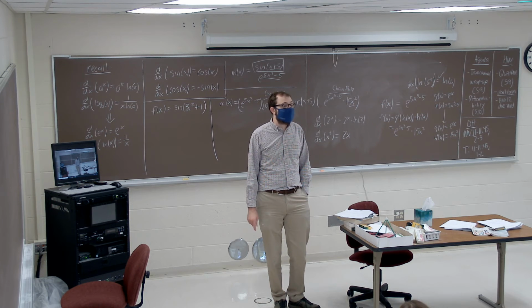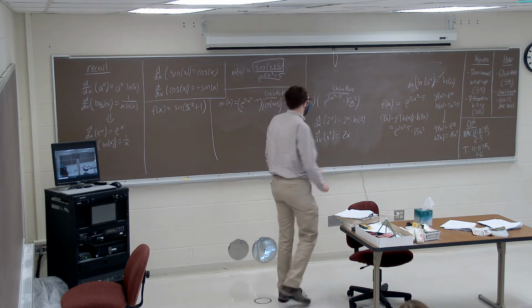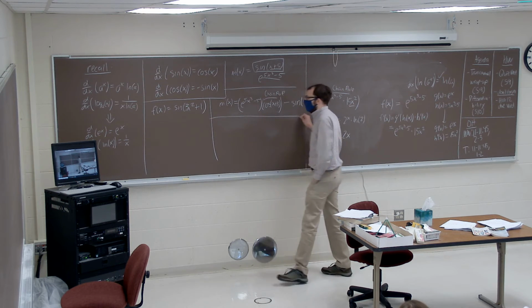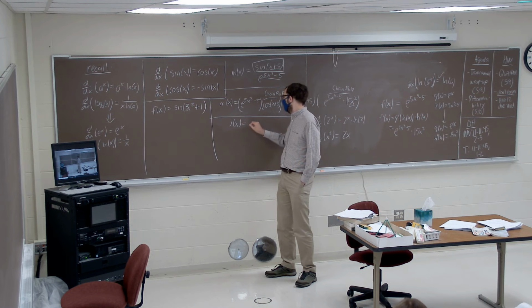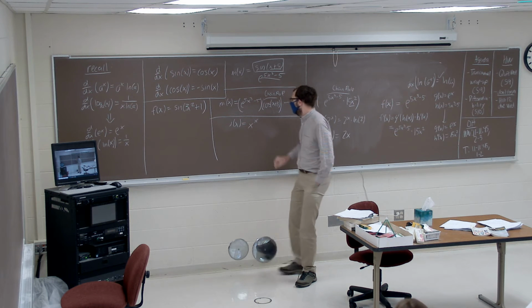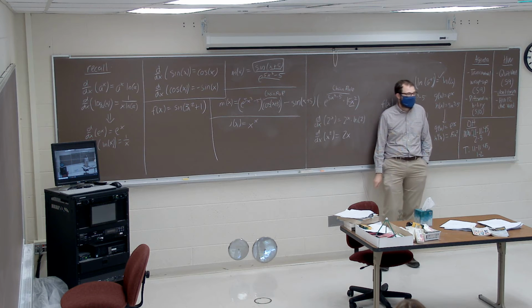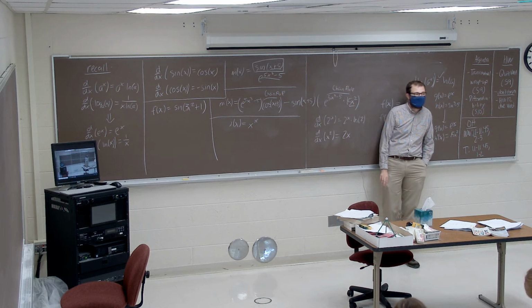All right, I didn't include this one in the packet, but I think you all are ready for it. How would we differentiate this function? J of x equals x to the power of x.